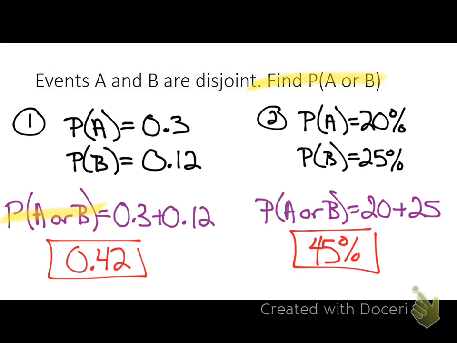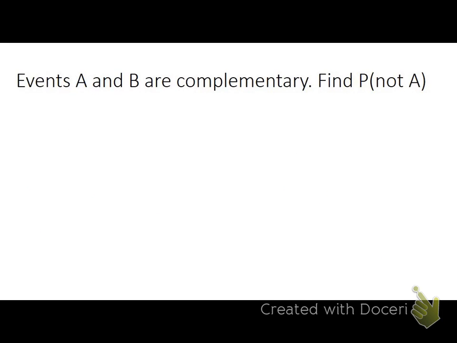The last thing we need to cover is now the complementary events. This is something that I think we kind of look for because we know that this is going to be easy. However, you do need to show your work. So I'm asking you to find the probability of not A. So again, this goes back to our rain example.